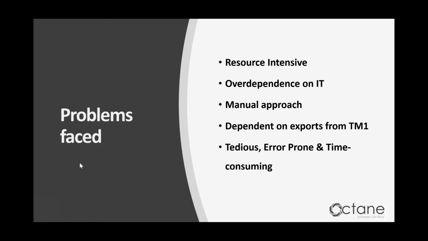A TM1 developer needs to export into a shared folder. A Power BI developer needs to pick up the file and then load it into Power BI. And then there's a security issue as well, whether people are seeing the right data in Power BI. So when we were looking at all those things, that's when we realized that there is a gap which we need to fill up.